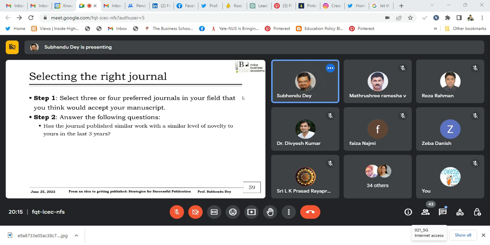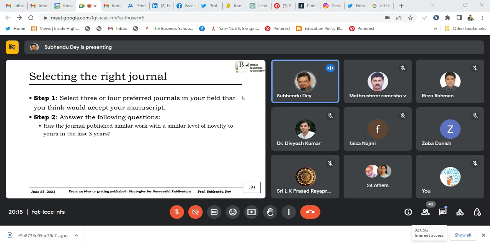It won't make any sense. However, if there is something additional that you have brought in, then by all means send it to that particular journal, because they would like it, since your paper has something novel which the other papers do not have.